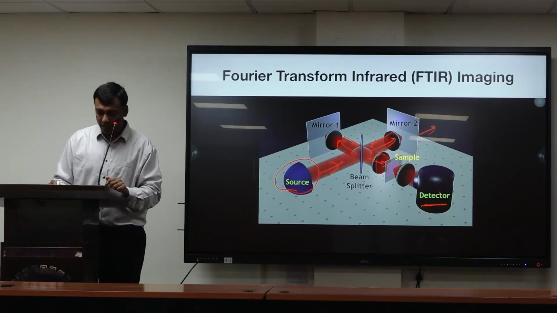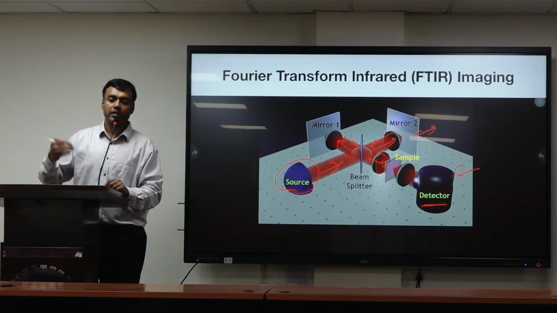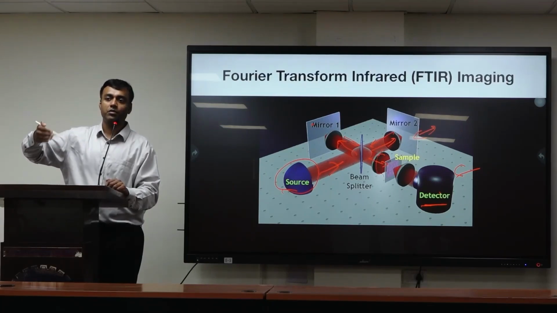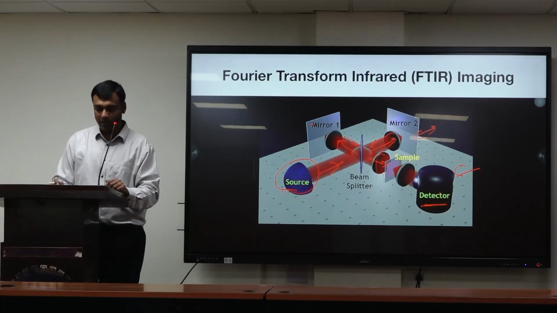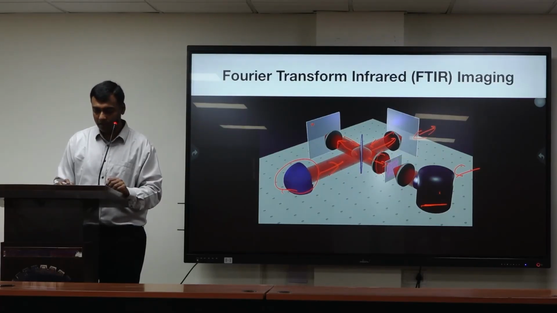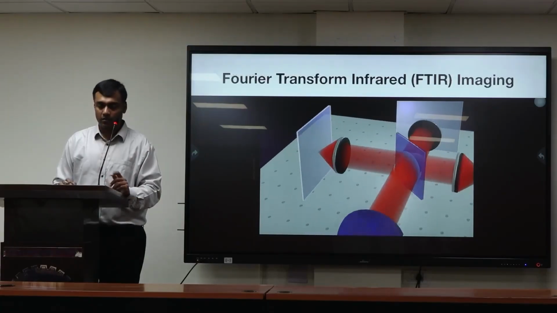You keep one mirror fixed and move the other mirror. At every mirror position, you collect detector data, a camera image or a detector data point, for every position of the moving mirror. That's the idea. So this is a cartoon of how this works.